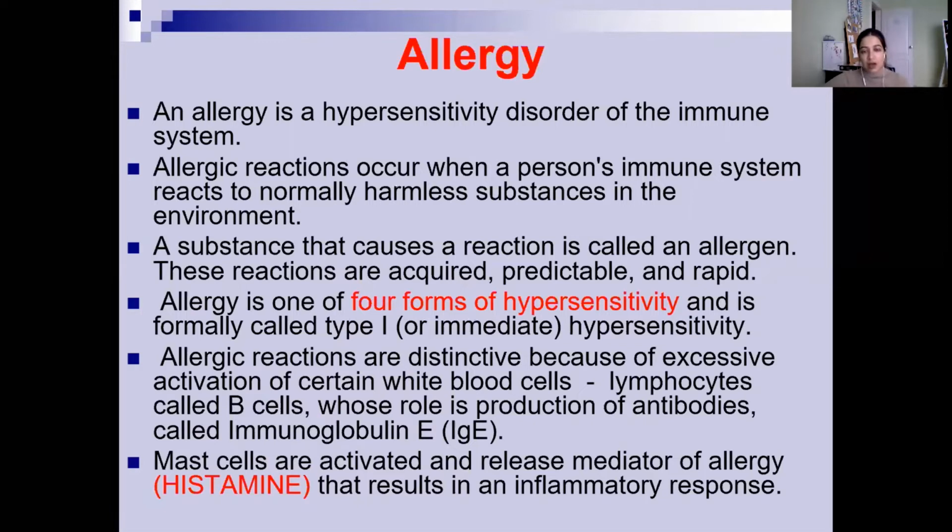Mast cells are activated and release the mediator of allergy, histamine, that results in the inflammatory response. Okay, so our main mediator is histamine. It is released by mast cell when we have the response of antibodies, immunoglobulin E.